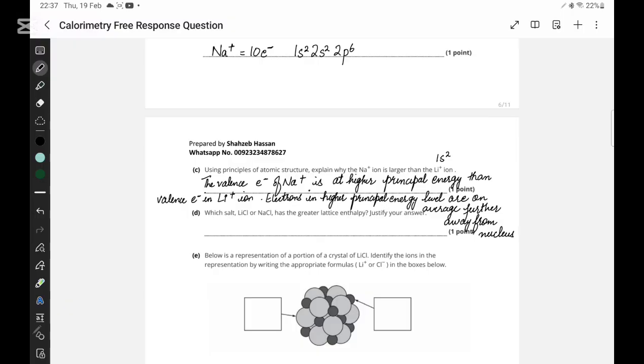So the one which has the higher principal energy level would be further away from the nucleus.